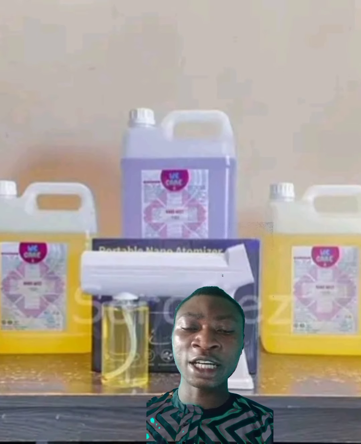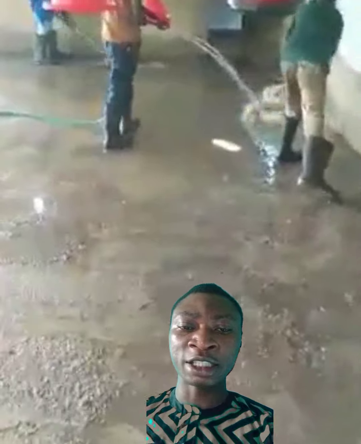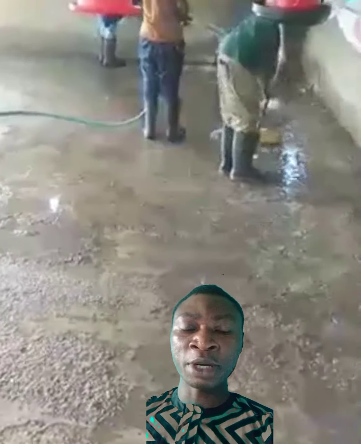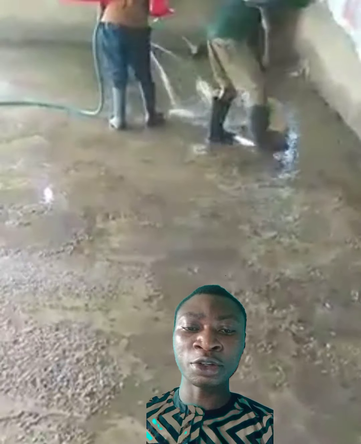Anything that you are using on your farm, ensure you disinfect your equipment, your feeders, your drinkers, anything in your farm, disinfect them properly. This will prevent your birds from having these diseases. And like you know, prevention is better than cure. It is better you prevent your birds from having these diseases than looking for the right drugs to cure certain diseases. So ensure you observe some of these things.